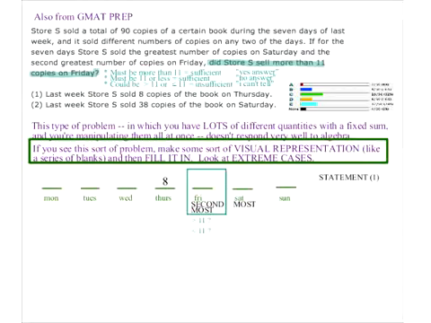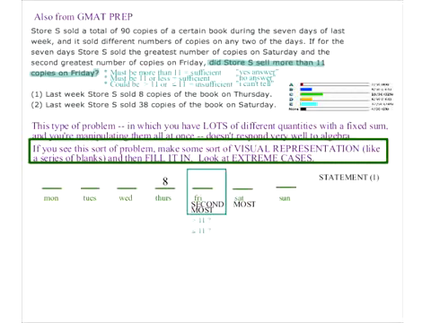Okay. All right. Does anybody know how we might approach this? Because any sort of algebra here is going to be a little bit shaky. So how might you approach this sort of thing?